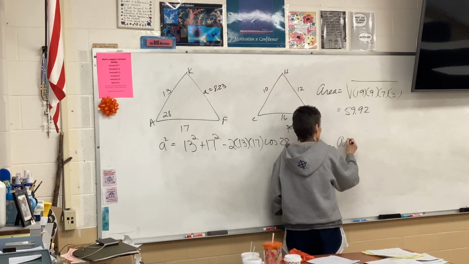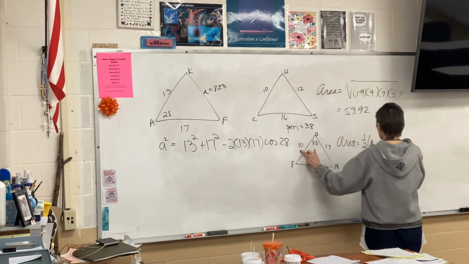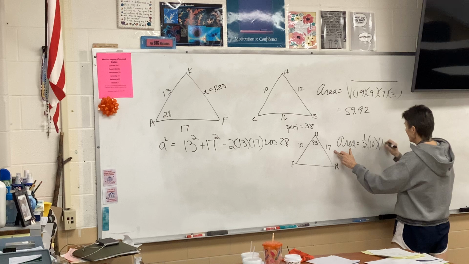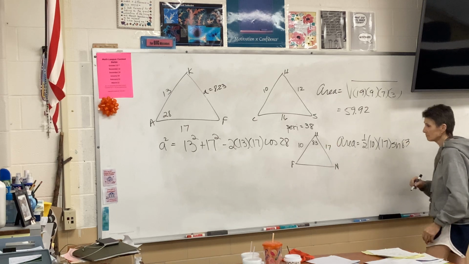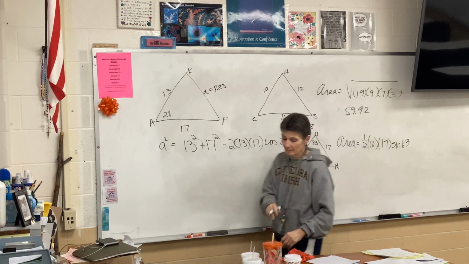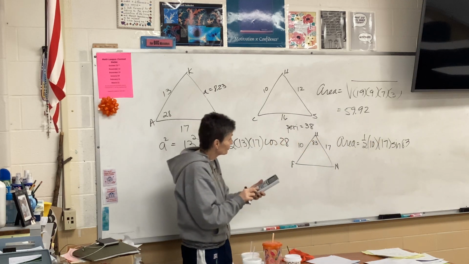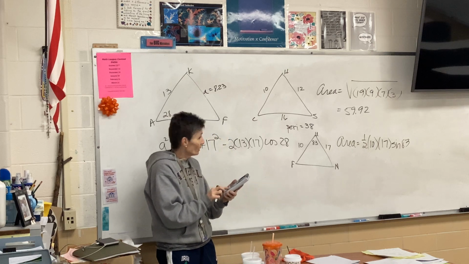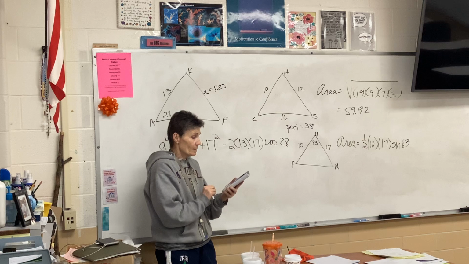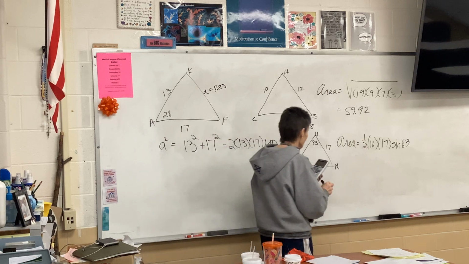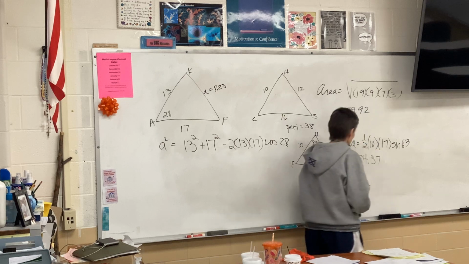So I go straight to my calculator and I type in 1/2 side times side times sine of included angle. 1/2 side, side, sine. Don't forget the 1/2. That might be the place where you get tricked. Don't forget the 1/2. And I got 84.37 as my area.